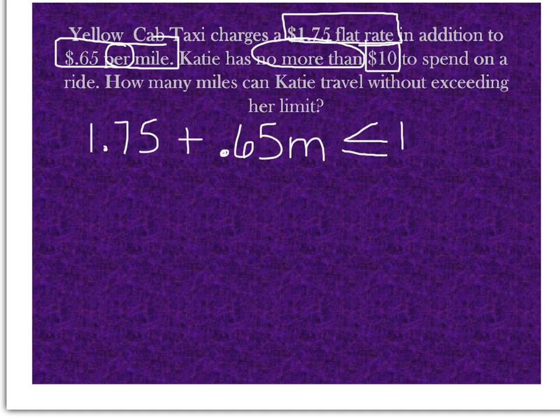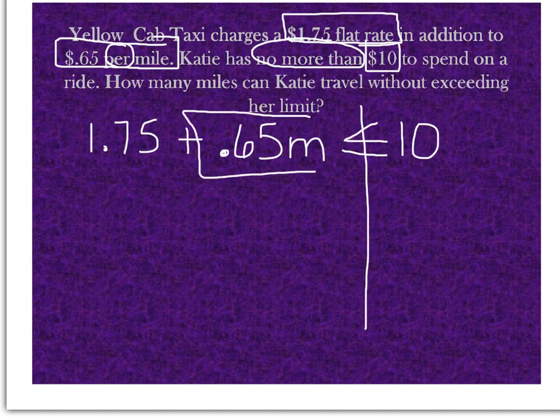equal to, $10. Okay, so now we've got to find out how many miles can Katie travel without exceeding her limit. That means all we have to do is solve for M now. So separate your 2 sides. We've got to get our term with our variable by itself. So that means we have to subtract $1.75 from both sides.